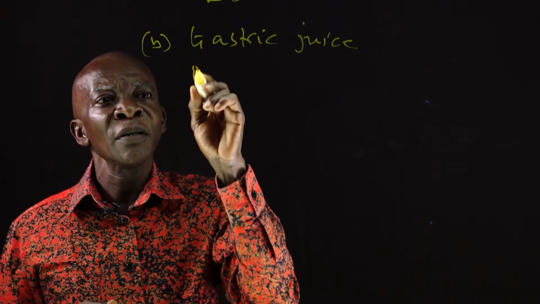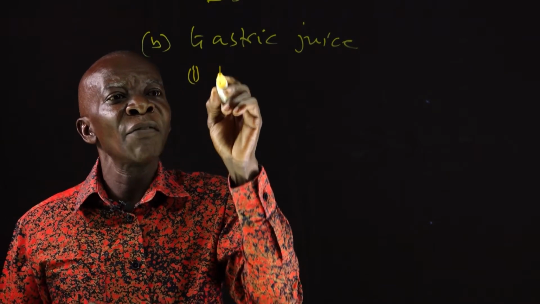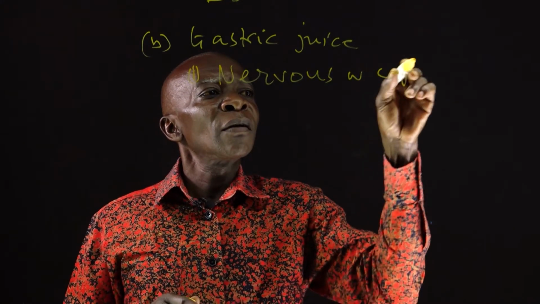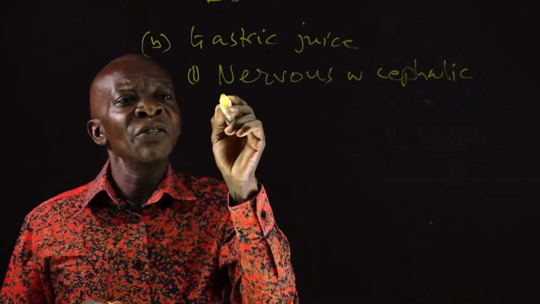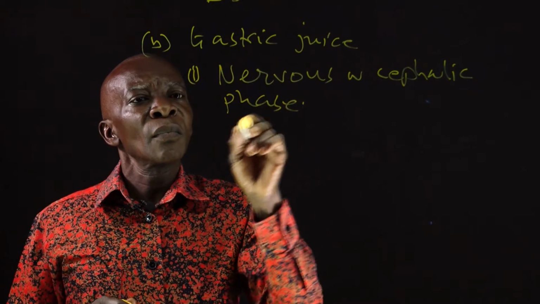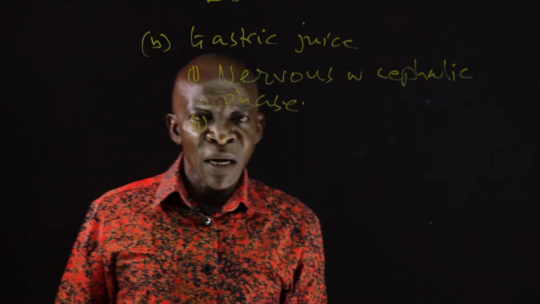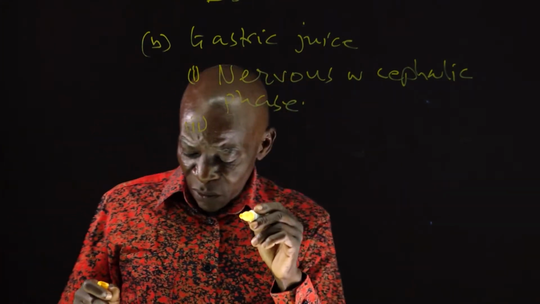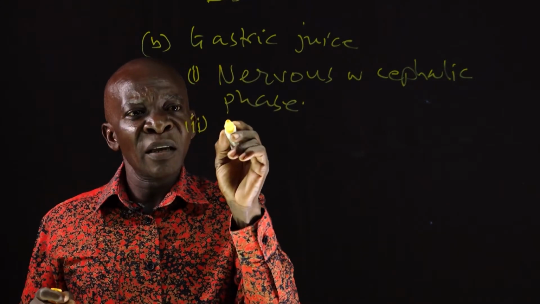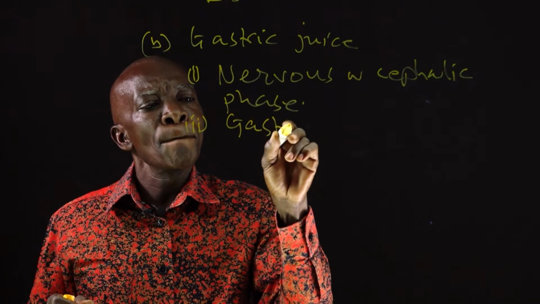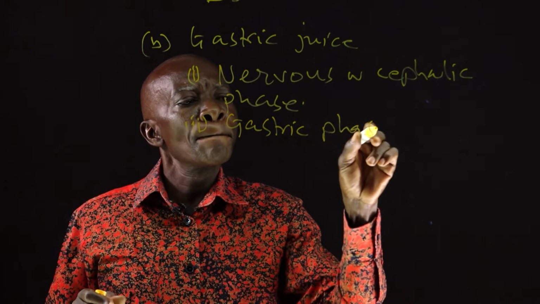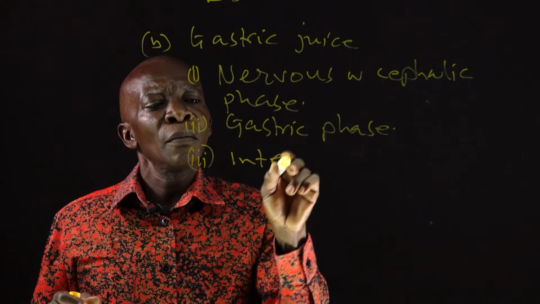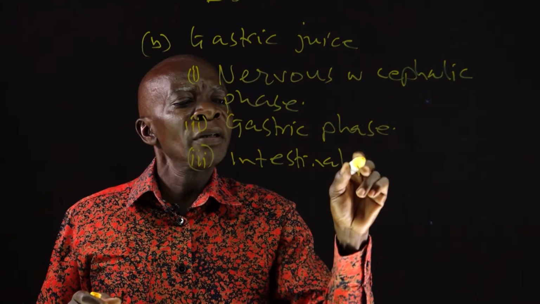These include the nervous phase, or call it the cephalic phase. The second one is the gastric phase. And the third one is the intestinal phase.